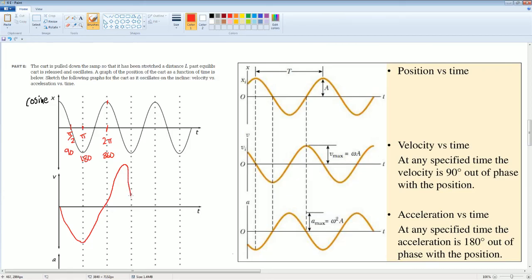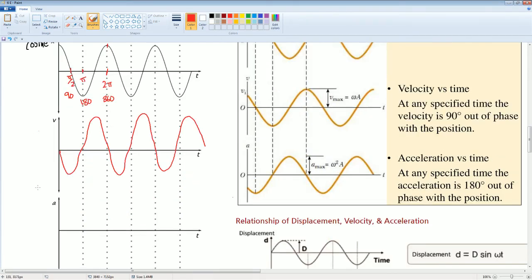Sorry, it looks ugly. It should look like this: up, down, up, down, up. There you go. So it's just a horizontal shift.